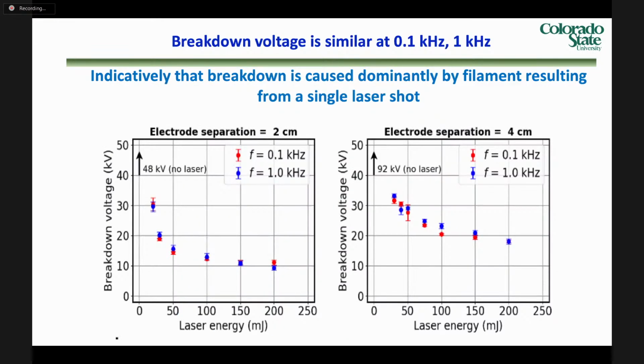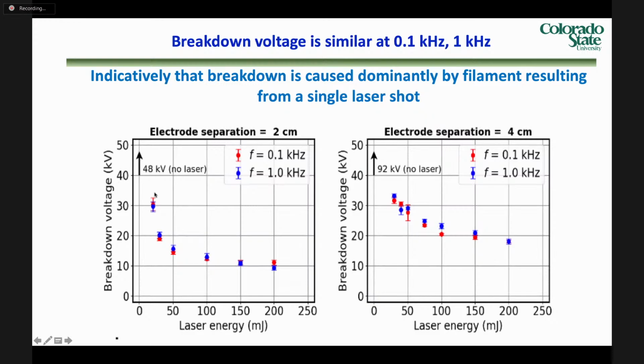So our interpretation is that it's not the cumulative effect, but rather that of a single pulse which causes the breakdown. In that case, there shouldn't be much difference between breakdown voltage measured at 100 hertz and a kilohertz. And in fact, we did measure the breakdown voltage at these 2 repetition rates, and we see that they are practically the same, which agrees with that interpretation of the physics.